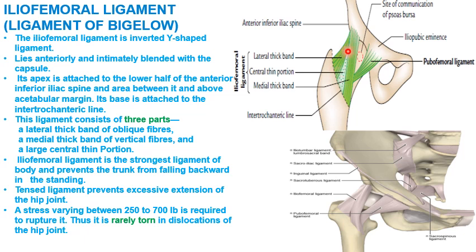For this ligament to get torn, it needs about 250 to 700 lb. So it is rarely torn in dislocations of the hip joint.